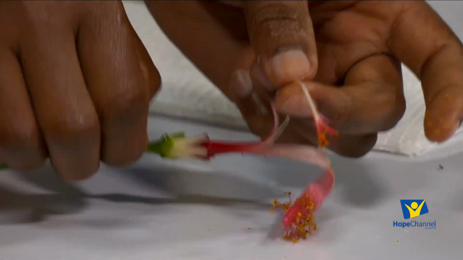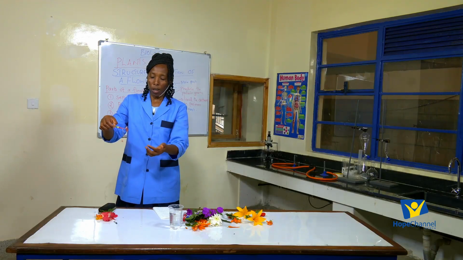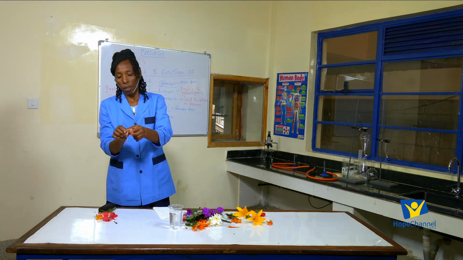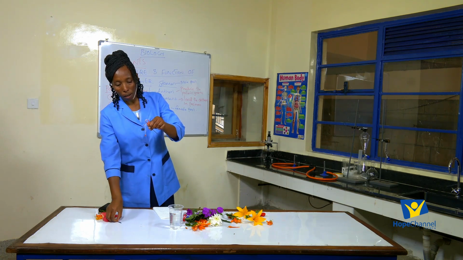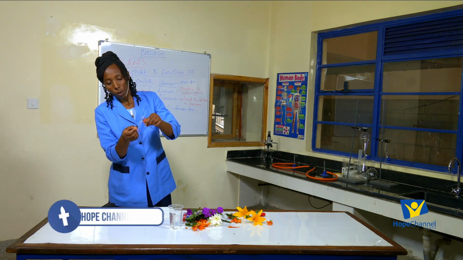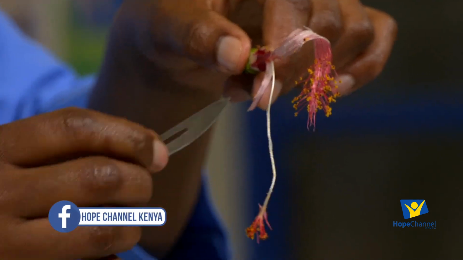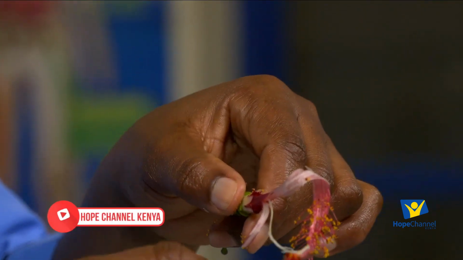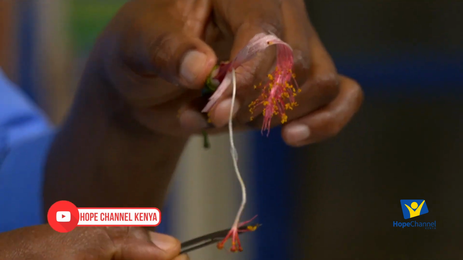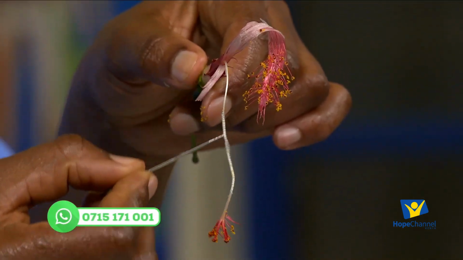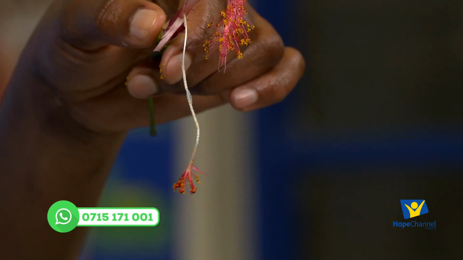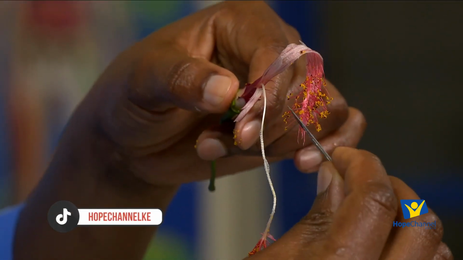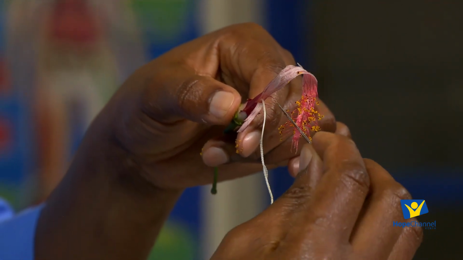Very good. So I think now you can see, okay? Remember, the style was enclosed. So this is the one that is holding the stigma in position. So you can see the stigma, and this part is what we refer to as the style. Then remember, these are the what? We said these are the pollen grains.